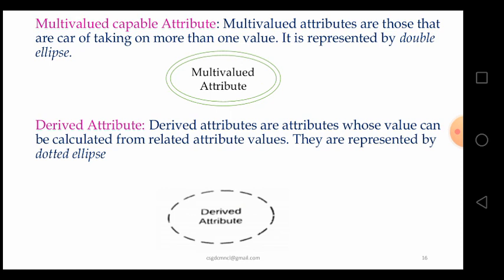Multi-valued attributes are those that are capable of taking one or more than one value. It is represented by a double ellipse.